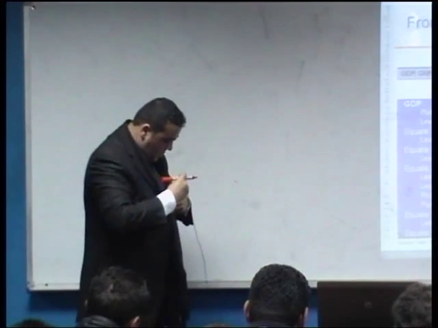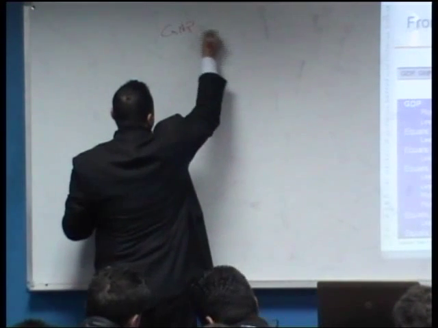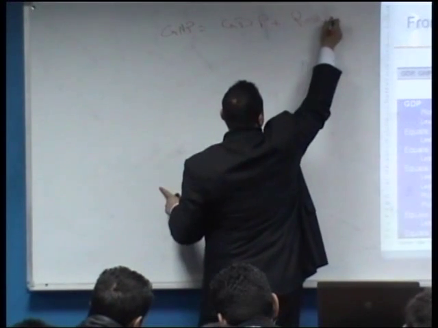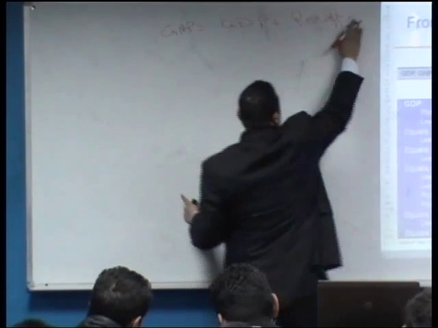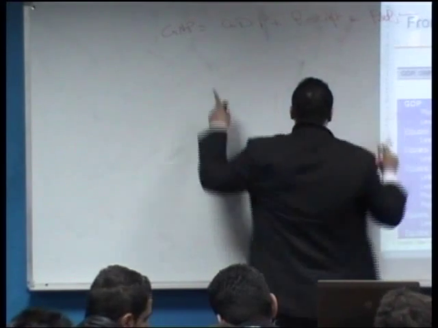So GNP equals GDP plus receipts minus payments to outside. أيوه.